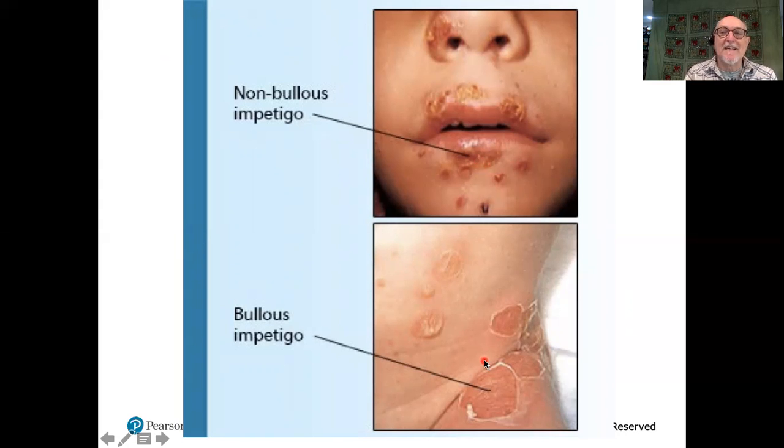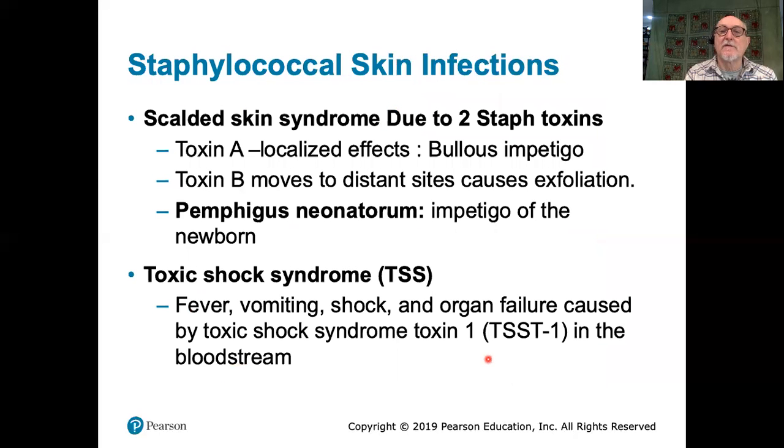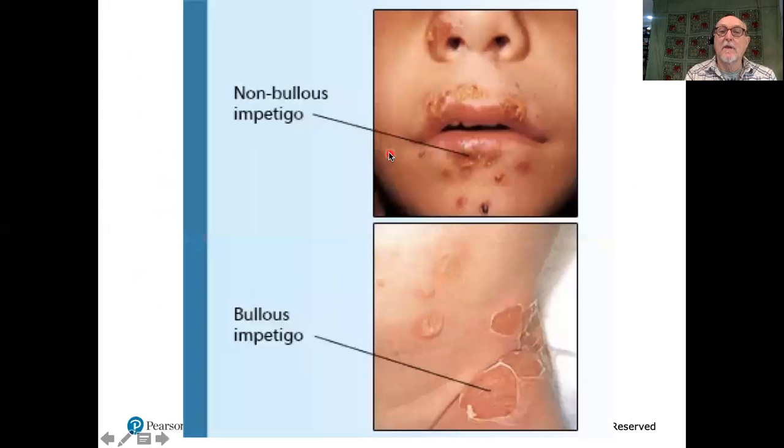This is bullous impetigo, and bullous impetigo is the result of a release of toxin A by Staph aureus. And these areas of exfoliation here are around areas of infection. So you've got a little focus of infection here, and it's releasing toxin A and causing that exfoliation.